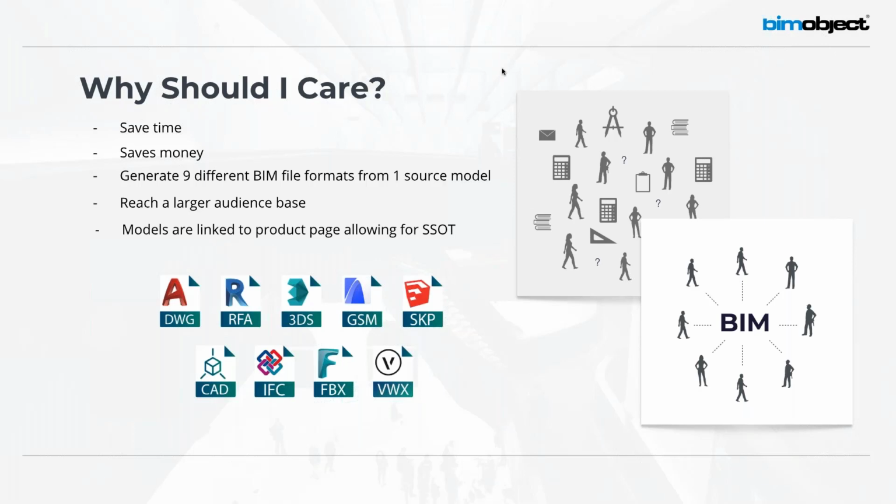Models are linked to what we call our product pages on the BIMobject platform, and this allows for what we call SSOT, a single source of truth. Without getting too much into our platform, which you can learn more about in other webinars, we have property sets that are available to externalize even. And with it being a single source of truth, it always refers back to the source.